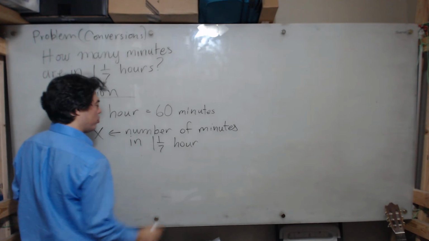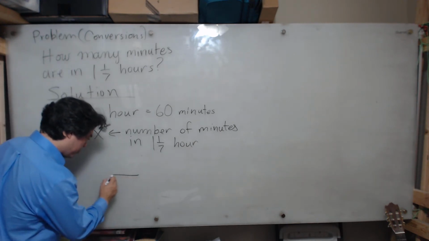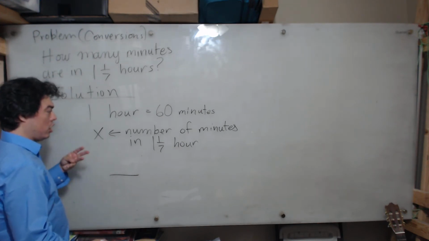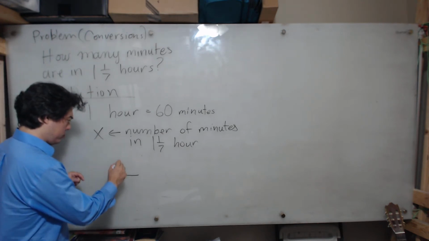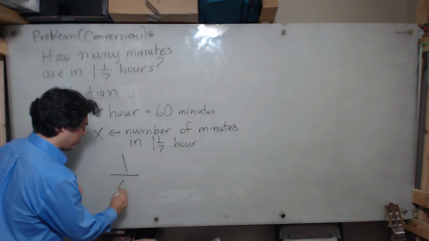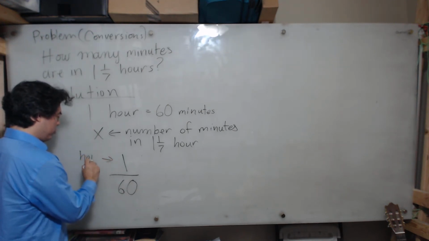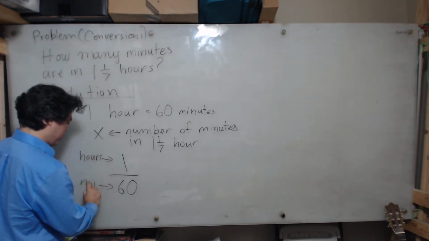Okay. So now the proportion that we're going to set up is as follows. First, our conversion factor. I'll do 1 on top, 60 on the bottom. So 1 is, as we know, our number of hours, and 60 is our number of minutes.